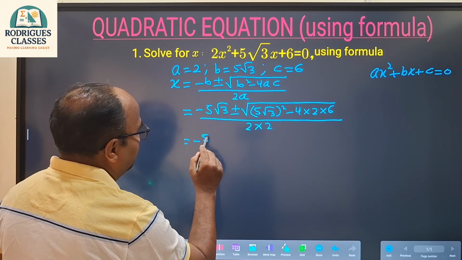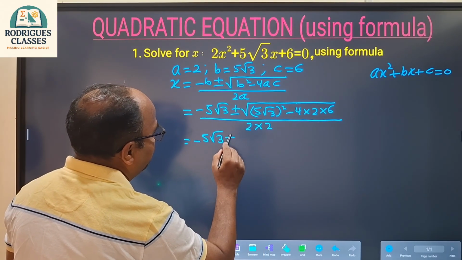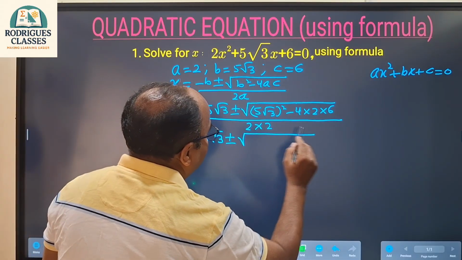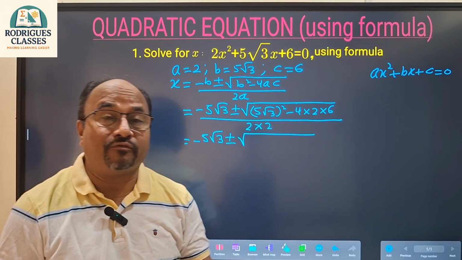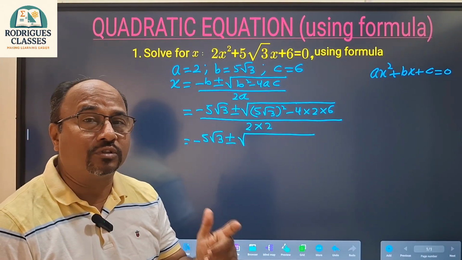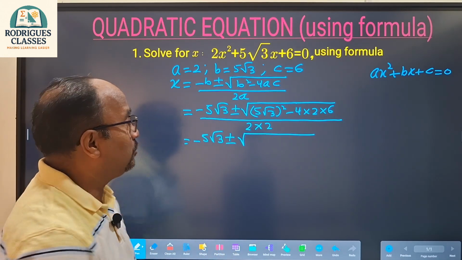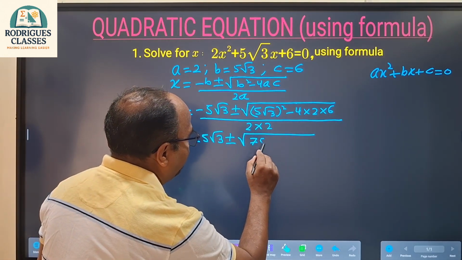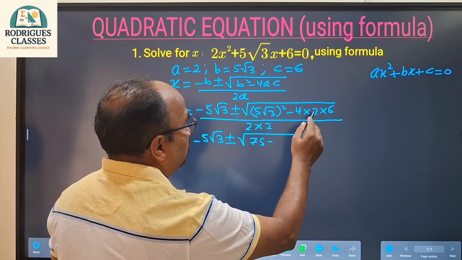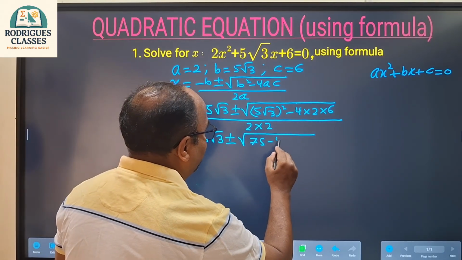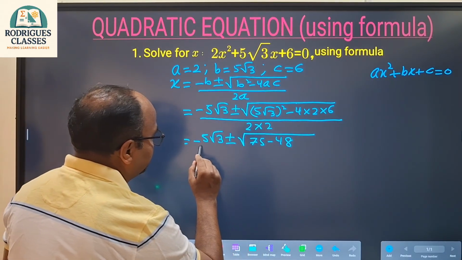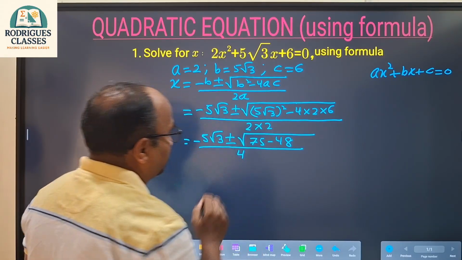So this gives me minus 5 root 3 plus minus square of 5 root 3. 5 square is 25 and root 3 into root 3 is 3. So 25 into 3 becomes 75 minus 4 into 2 is 8, 8 into 6 is 48, divided by 4.